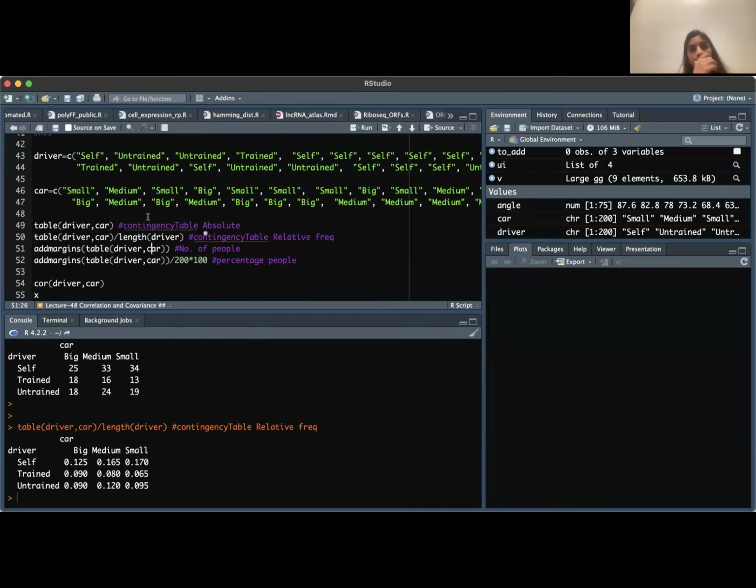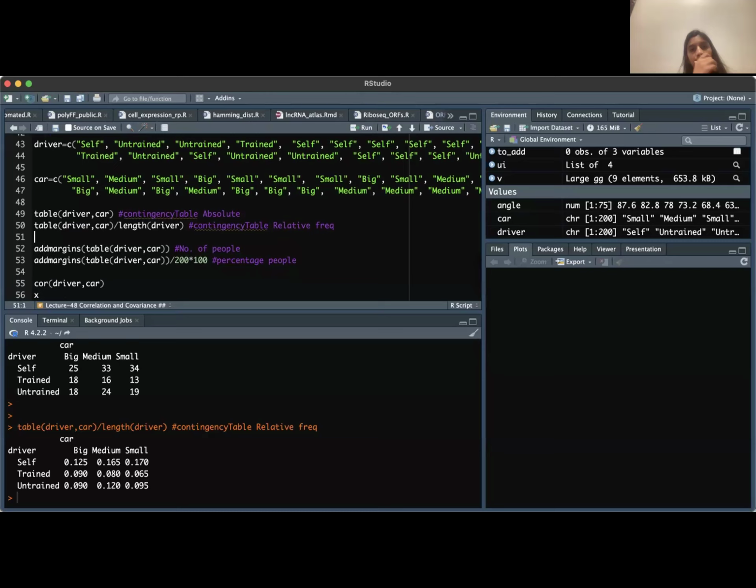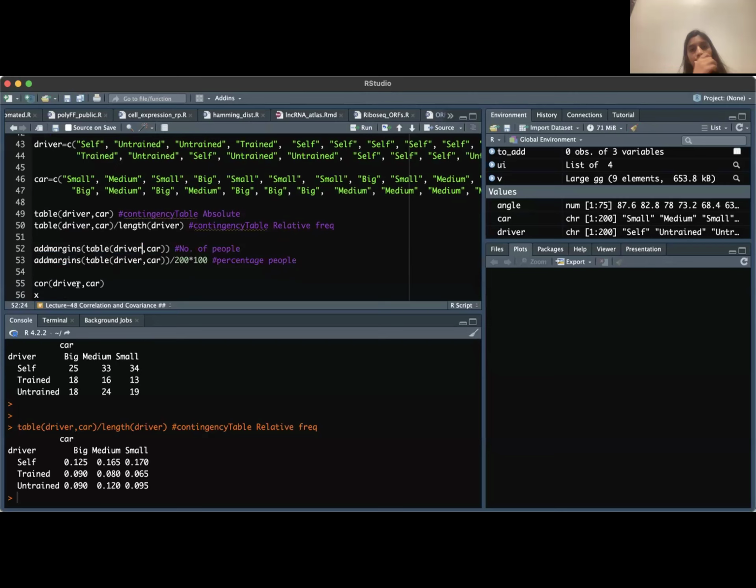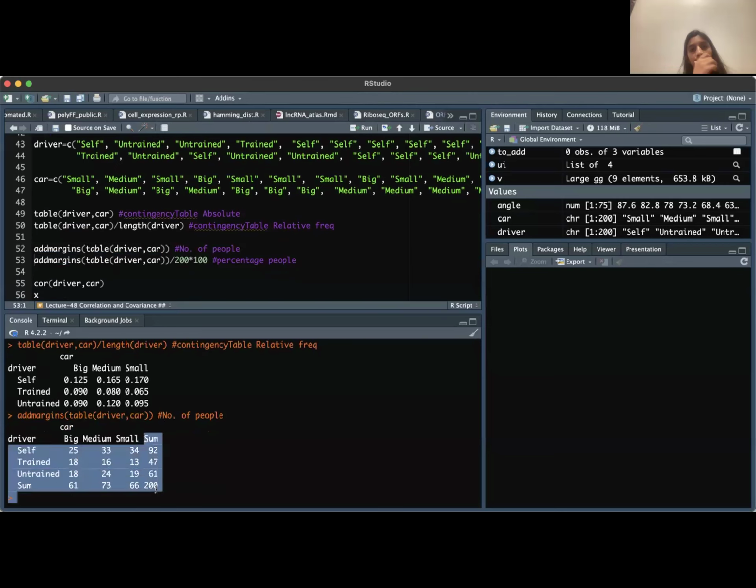And now you want to add the marginal probabilities. Now what do you want to do? You do this function. All this was discussed in your lecture videos as well, which were much more detailed. I'm just showing you how these look. So addmargins of table driver comma car. This will just add an extra column.